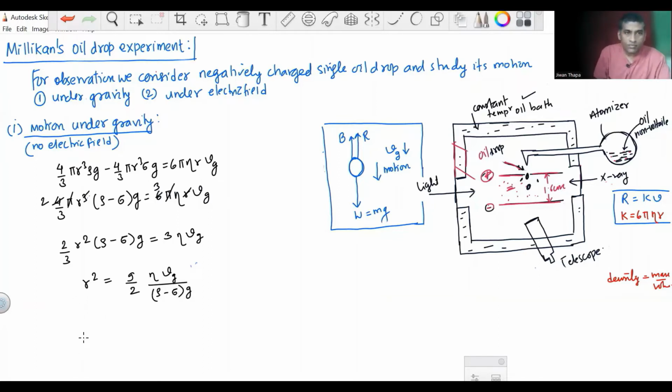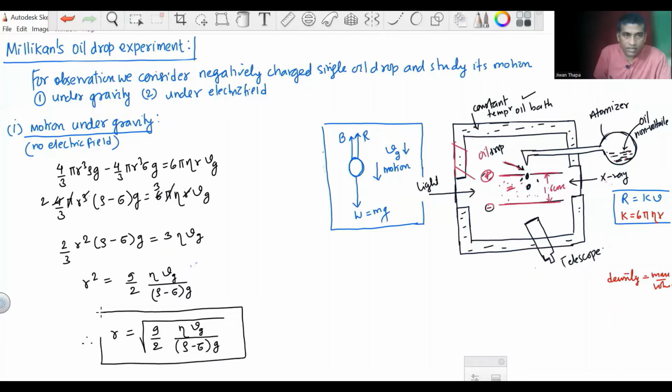Therefore r equals under root 9/2 eta Vz by bracket rho minus sigma bracket close g. So this expression gives the radius, this gives the radius of the oil drop. So we have this.